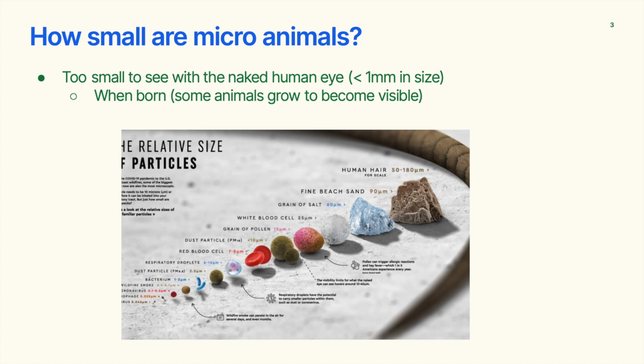On the far right, there's a human hair follicle, which we can see, but it gets smaller and smaller from there. Animals half a millimeter wide would be a little wider than a human hair, but still very hard to see, and they can be as small as some individual cells, in fact.